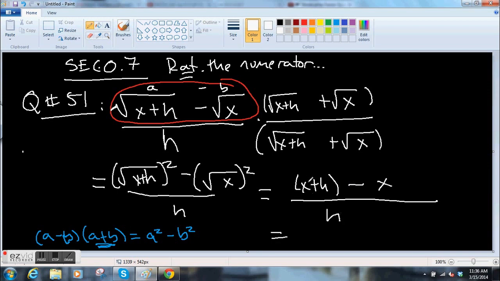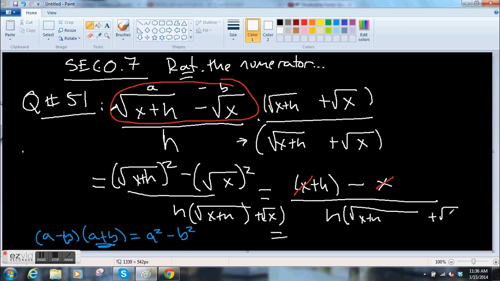So we have plus x minus x. Oops, I forgot about this part. Times square root of x plus h. I was getting excited there. I was like, wow, it's really simplifying. No, it's not simplifying that much. Remember this part? Yep. So h times the bracket, square root of x plus h plus square root of x.